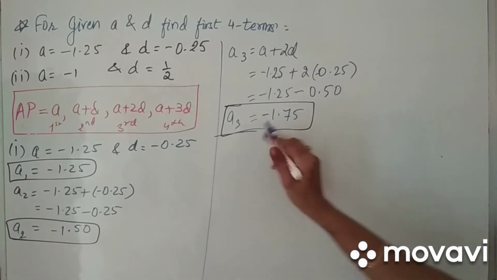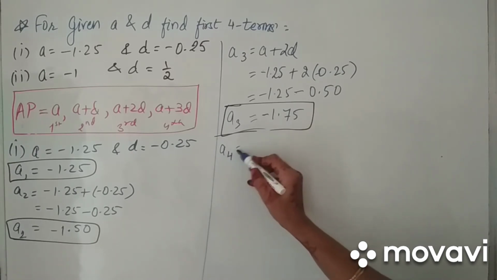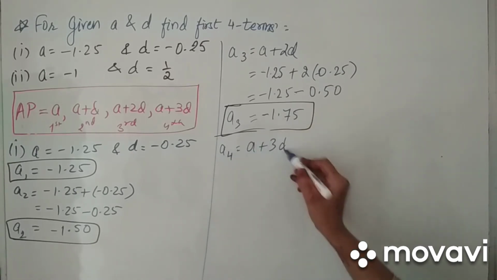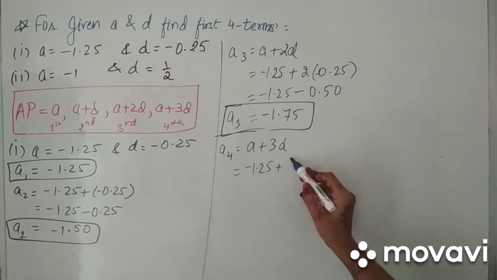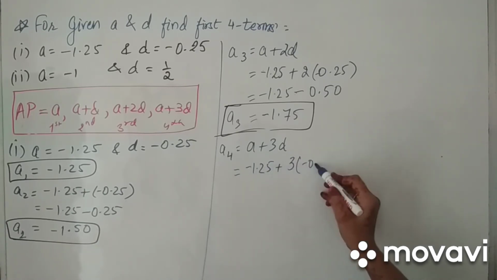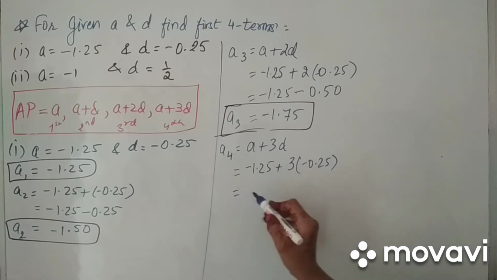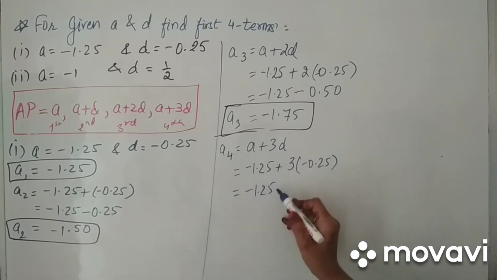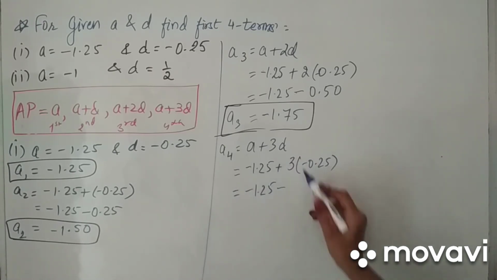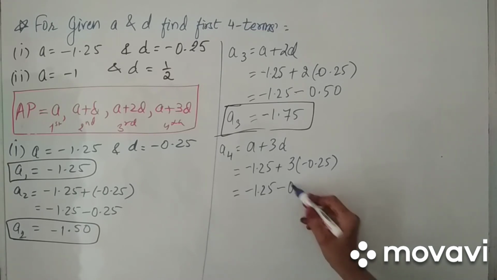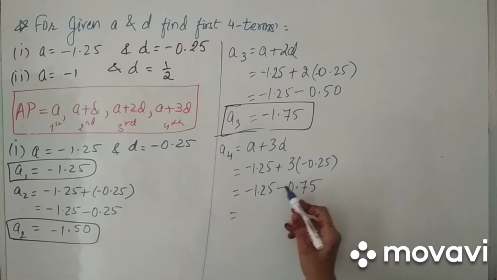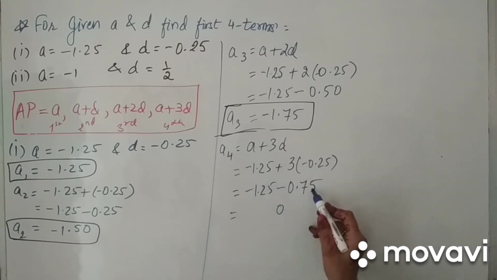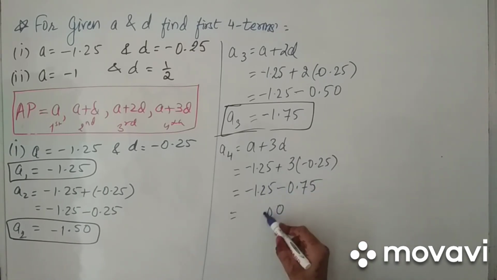Next is A4, equal to A plus 3D. Minus 1.25 plus 3 into minus 0.25 is equal to minus 1.25 plus minus minus, multiply by 3. So you are getting 0.75. 25 threes are 75, minus minus plus. What you are getting? 0.75, carry over, so minus 2.